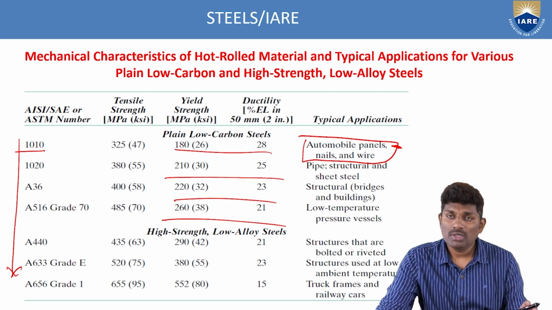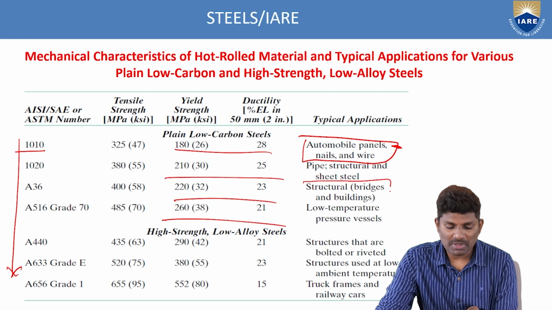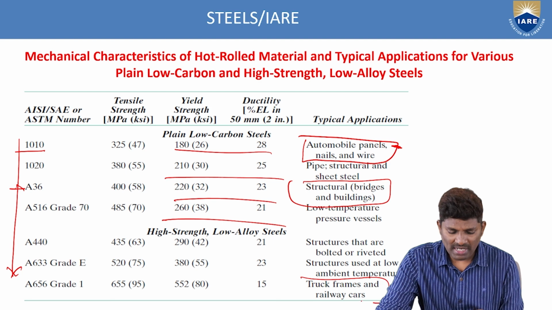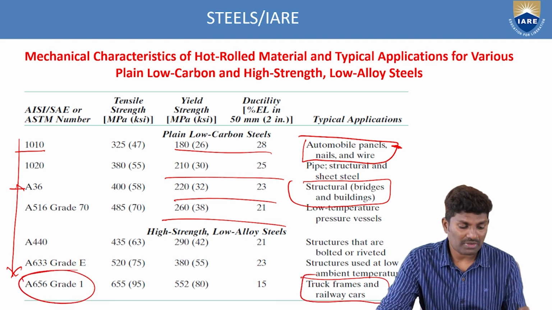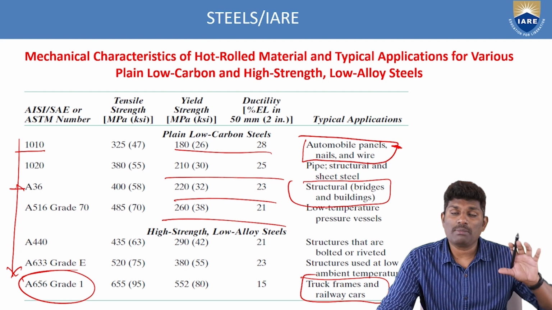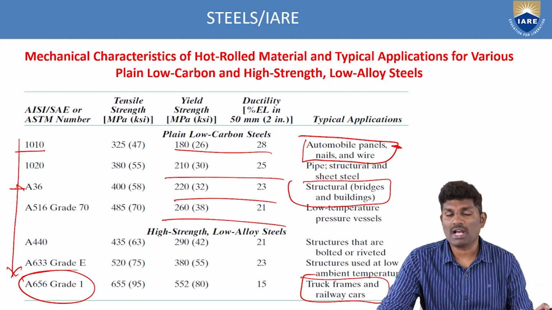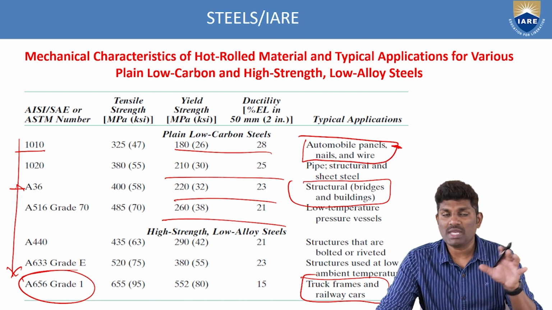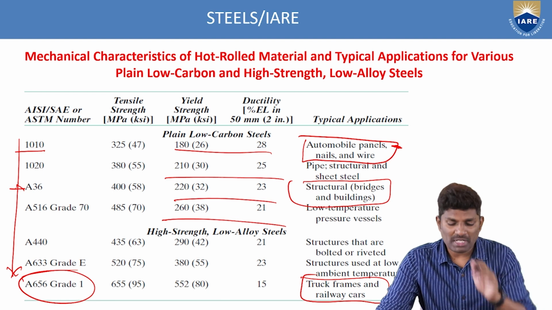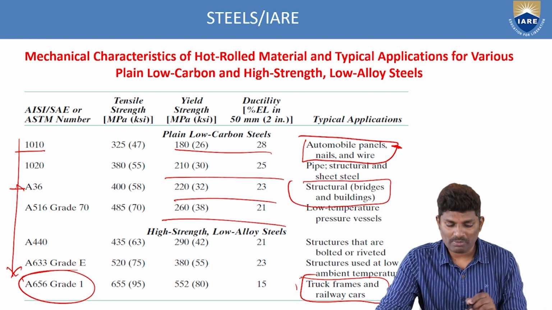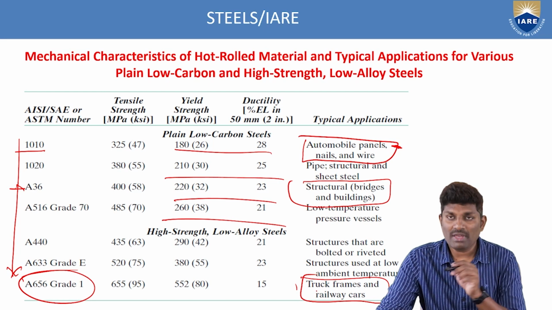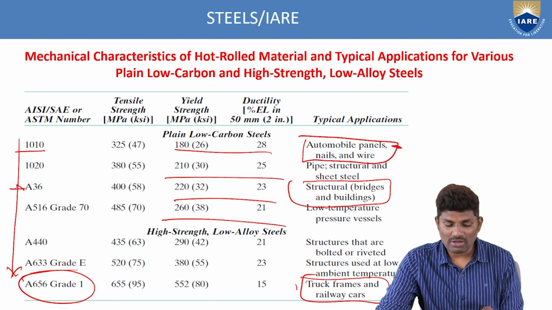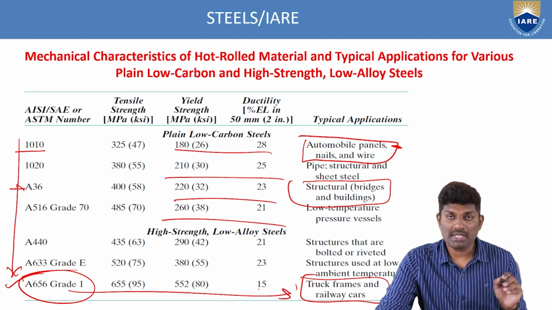If I want other structural building applications, then I have to go with this A36 type of steel. Suppose I want truck frames or railway cars, then I have to go with this type of grade of steel. All these classifications are based upon the composition weight percentage of carbon. Based upon the carbon weight percentage, we get some mechanical, chemical and physical properties. Based upon those properties, we justify our application, and depending upon the application, we select that material. This is the procedure you have to follow while selecting any type of material for an application.